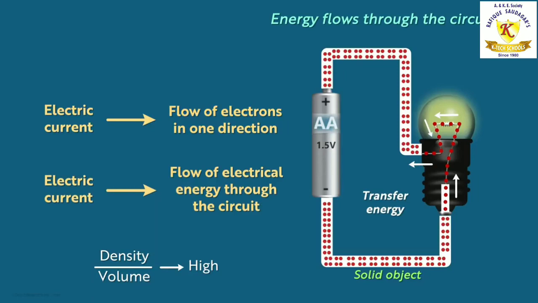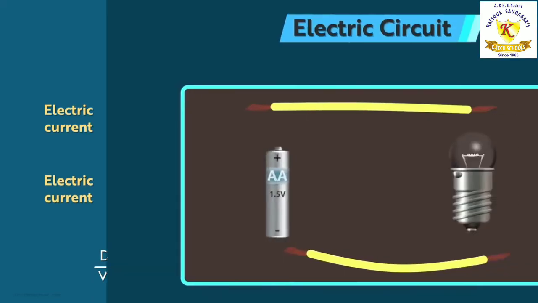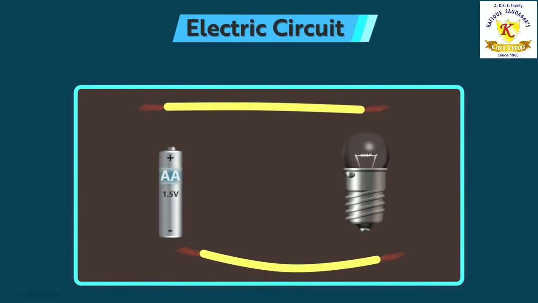So in this way, the energy is transferred through a bulb. When the energy flows between the two rods, it heats up the filament, which in turn glows and gives us light. I hope now it is clear how the electricity passes through a circuit.